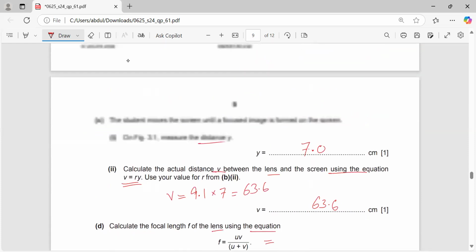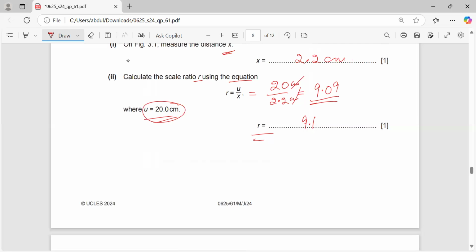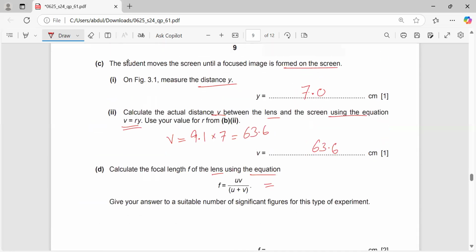Now calculate the focal length of the lens using the equation with U and V. What was U? U was 20, yes. V we just calculated. So 20 times 63.6 over 20 plus 63.6. Someone says it's 63.7?